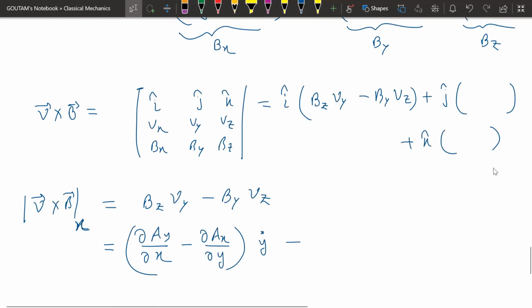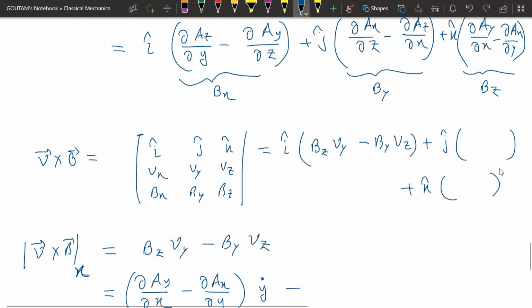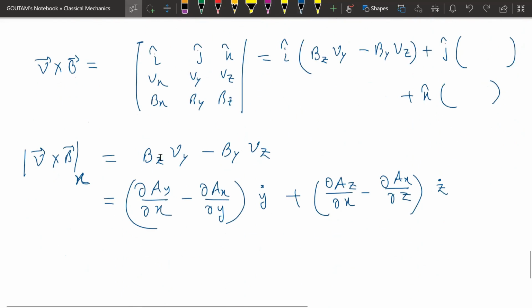And By is this term. So there is minus By, so we need to interchange these two terms. Then there will be plus del Az/del x minus del Ax/del z, times Vz. This is the x component of V cross B.